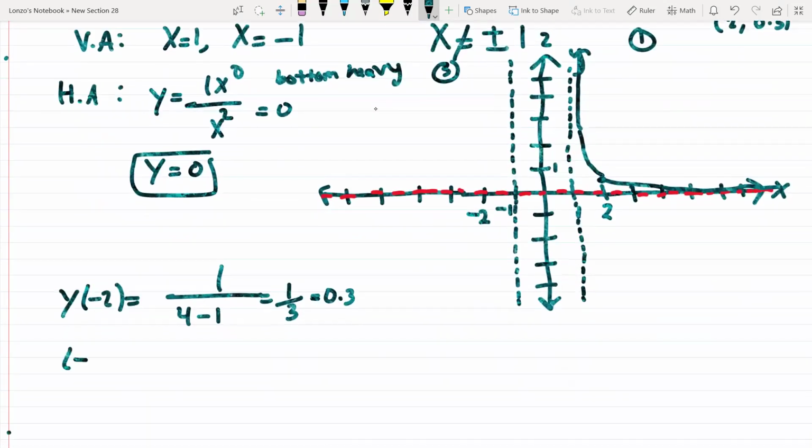So you have a coordinate at -2 comma 0.3. Here's -2, and 0.3 is here. So it's right about here, and then just do this one.